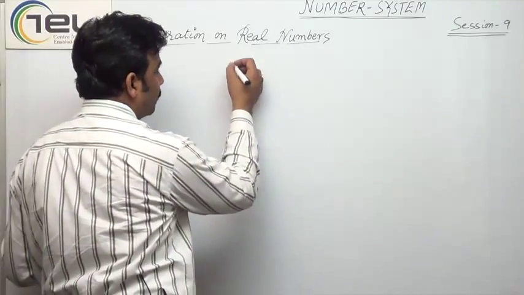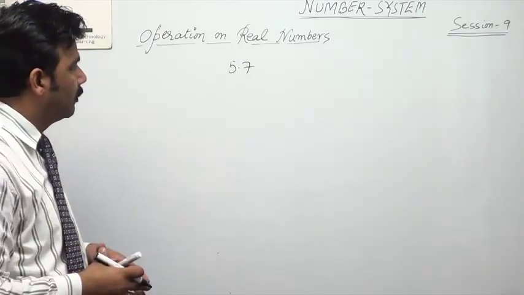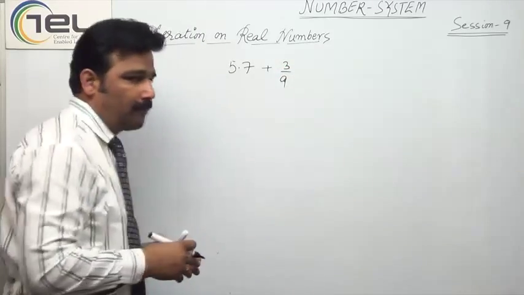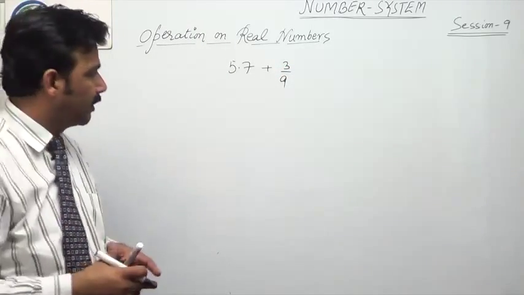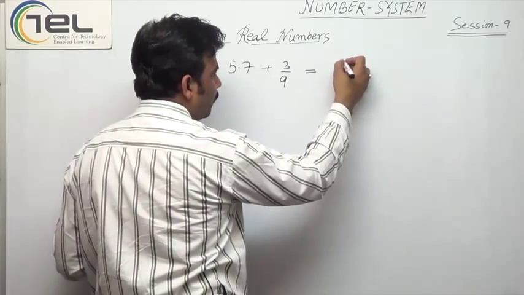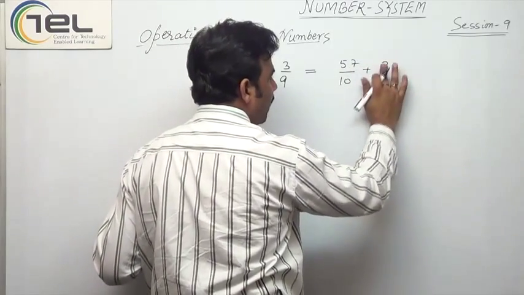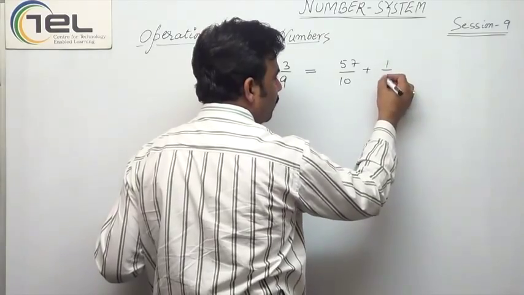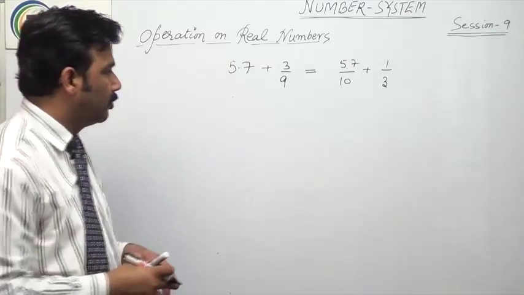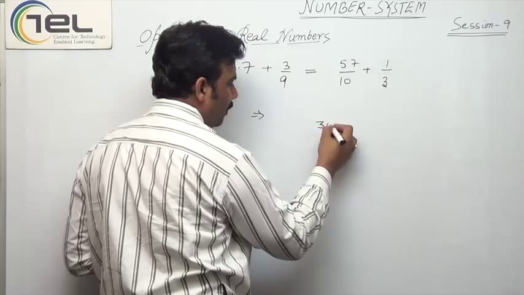What is 5.7? It's a rational number. So, if I add 3 by 9, what will I get? It's a rational, it's a rational. I will get 57 by 10 plus 3 by 9, which can be written as 1 by 3. I will take the LCM of 10 and 3, which comes to be 30.